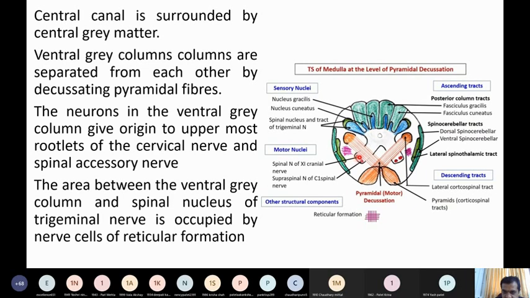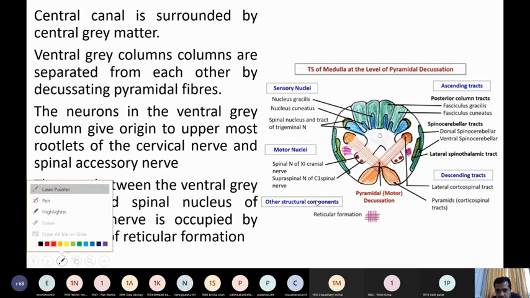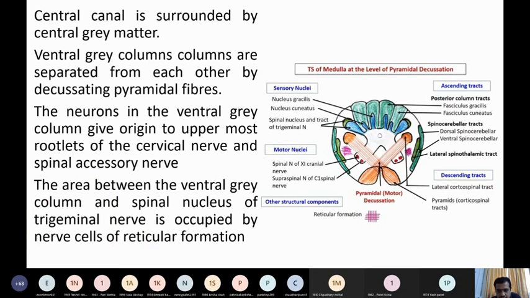You can see here, this is the gray column, the anterior gray column. It has two nuclei. Clear? I will mark them. You can see here, there are two nuclei. This one is the spinal nucleus of the first cervical nerve.